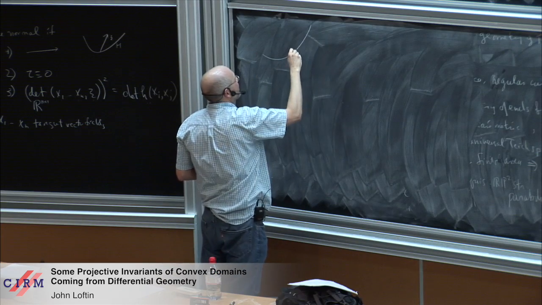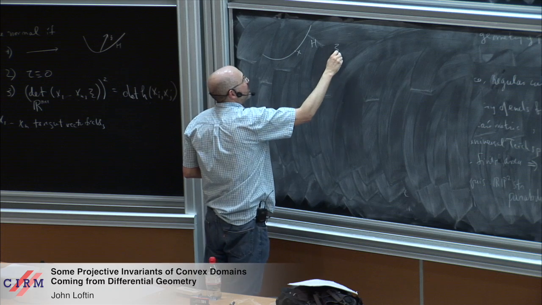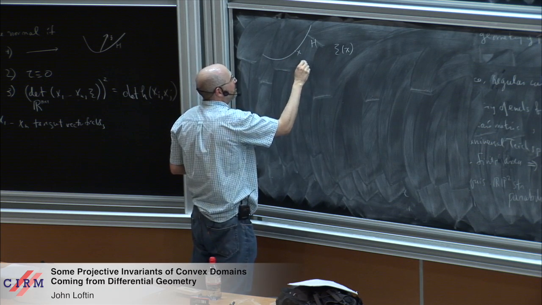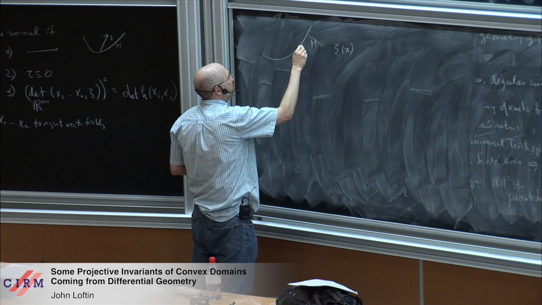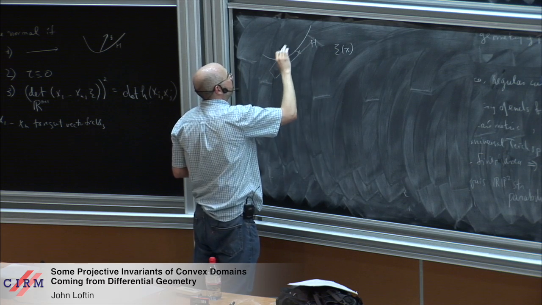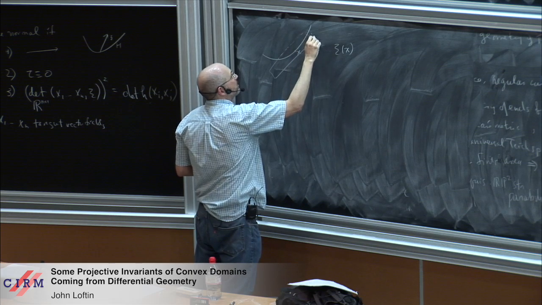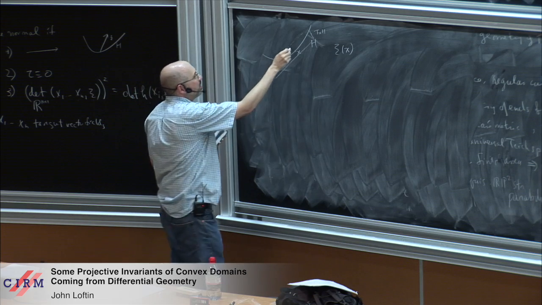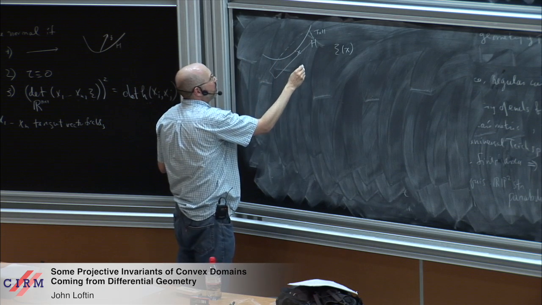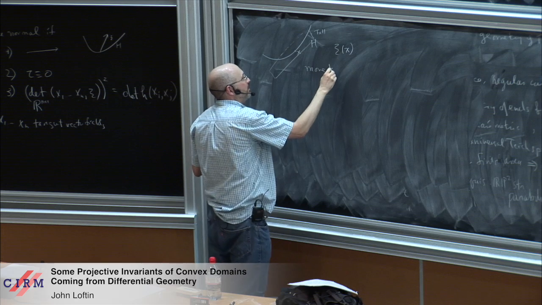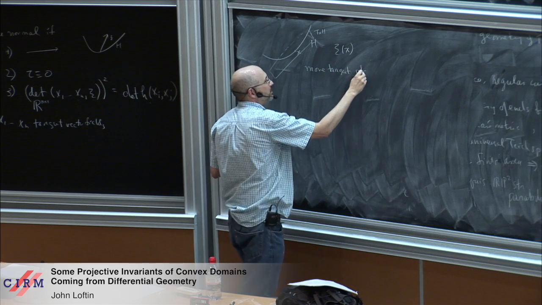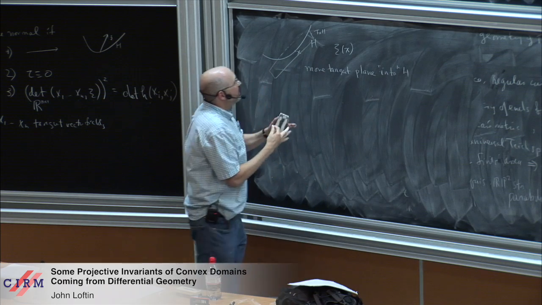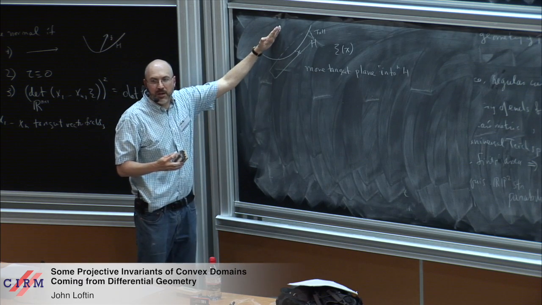The more geometric way, so you have x, you want to consider C at x. And so what you want to do is take the tangent plane. So this is, say, the tangent plane, TxH. And then you move this in, into H. So you consider parallel planes to this.